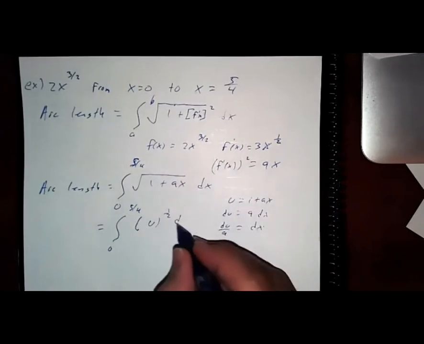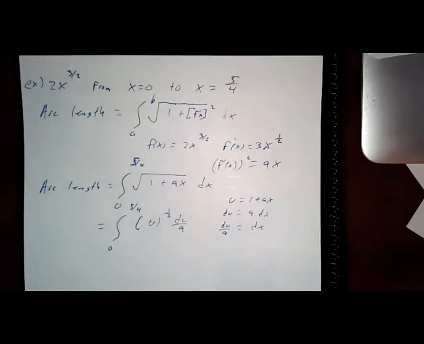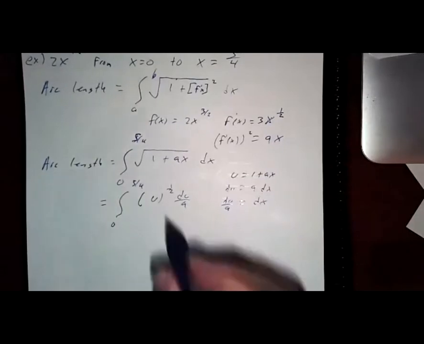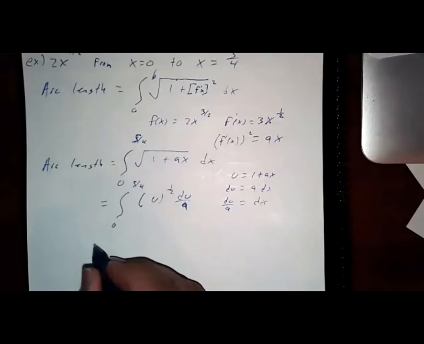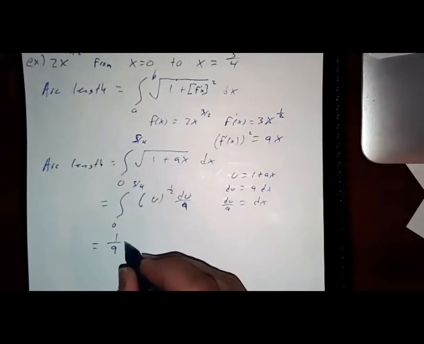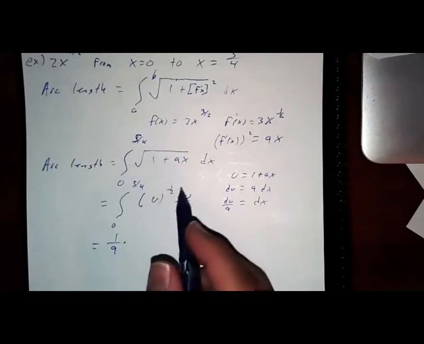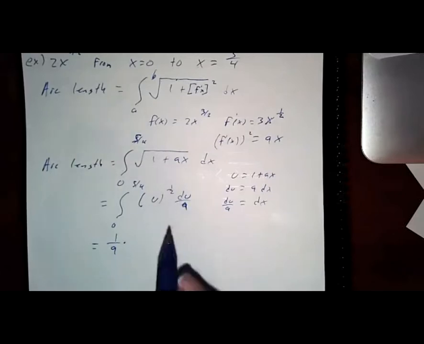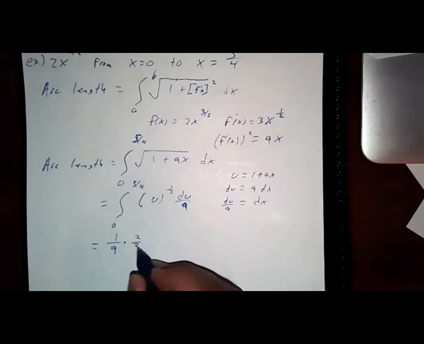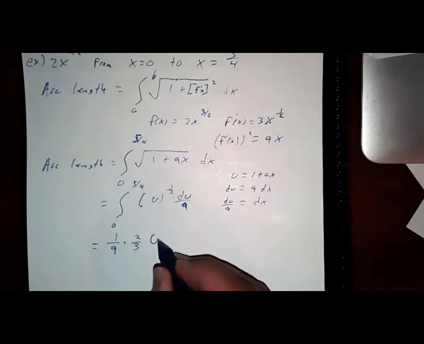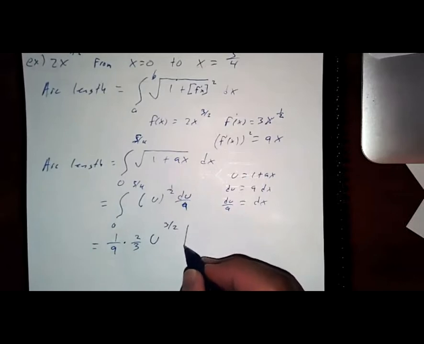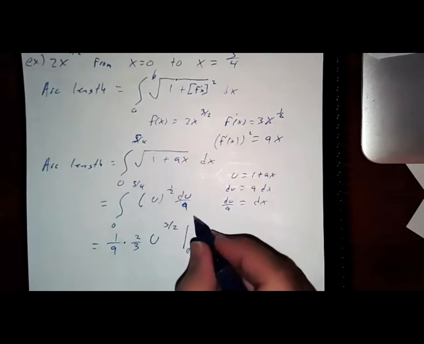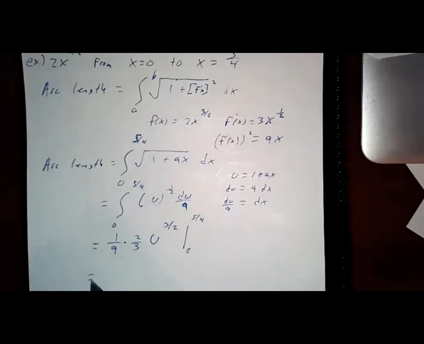So I'd have that here, du over 9. So that would be 1/9 times, if you integrate this, add 1 to get 3/2, so it would be 2/3 u to the 3/2 from 0 to 5/4, but those bounds are for x, so let's go ahead and change it.